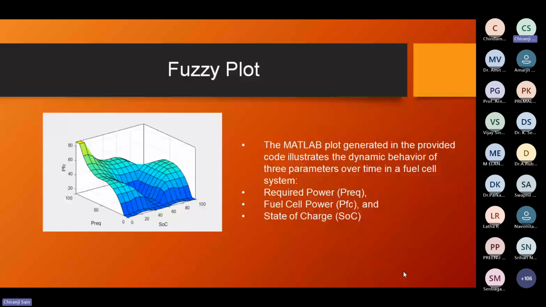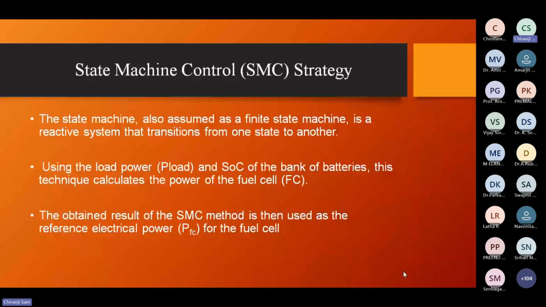Later on, moving toward the state machine control strategy, it can also be assumed as a kind of state machine system, by which there is a transition from one state into another state. Under this particular control strategy, the load power and the state of charge of the batteries are used to easily calculate the power of the fuel cell stack. That is one of the important considerations.